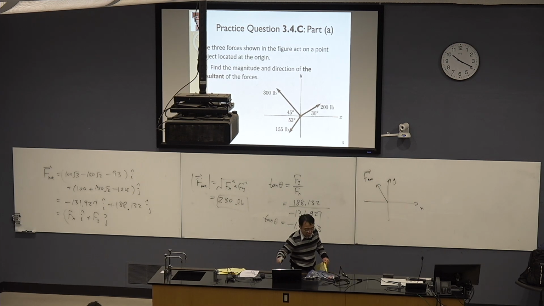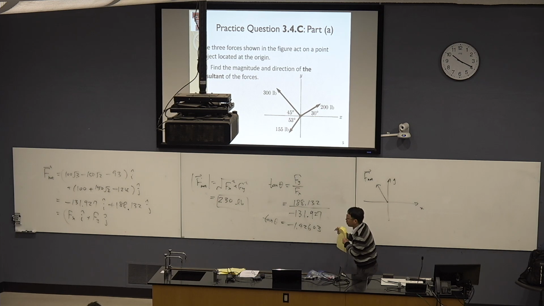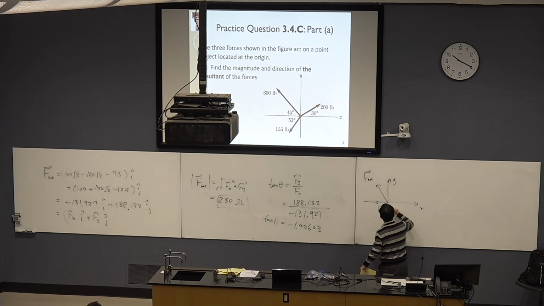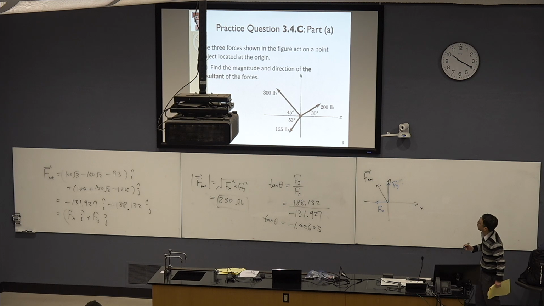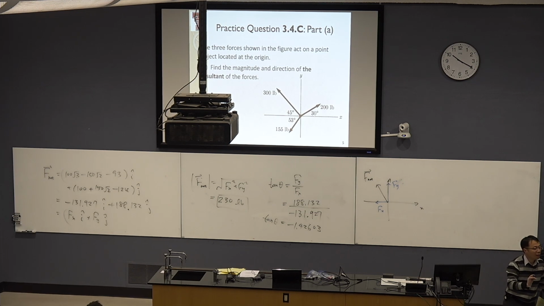You agree? That makes sense because your fx, the x component, is actually here, and fy is here. So therefore, which angle are you going to obtain? First, you need to be clear about the goal, right? Which angle do you plan to obtain from here?